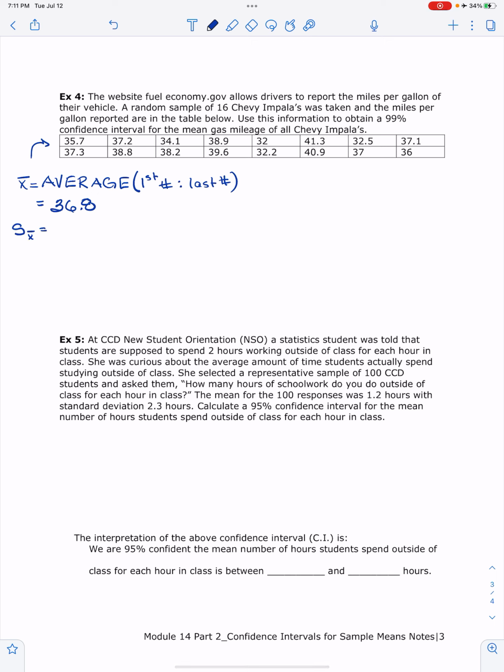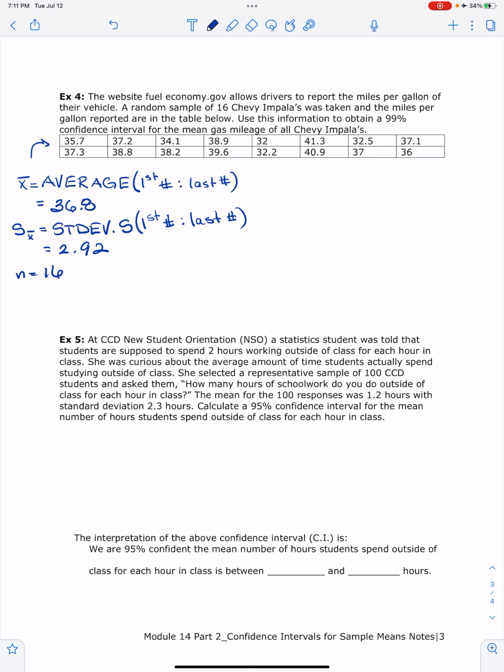Standard deviation here: STDEV.S. This is a sample, so S for sample, P for population. We are using the information from a sample, and I get 2.92. I have an N of 16.